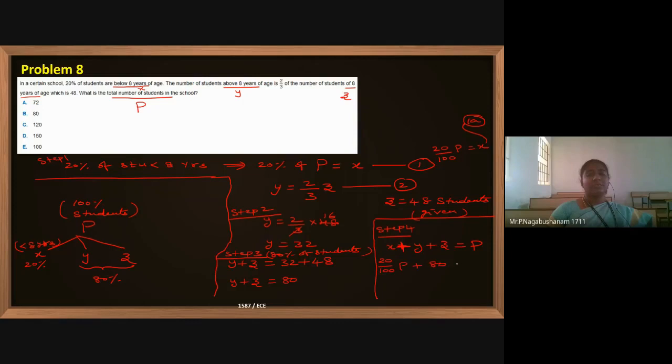And that is the total students P. One equation, one unknown variable, so we can calculate the value of P. If you put all the P's together, it becomes 1 minus 20 by 100 into P. So 80 is nothing but 80 by 100 into P. And now if you simplify, the P value, the total number of students, is nothing but 100.